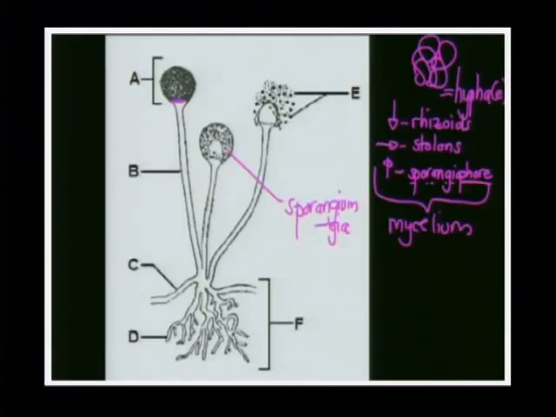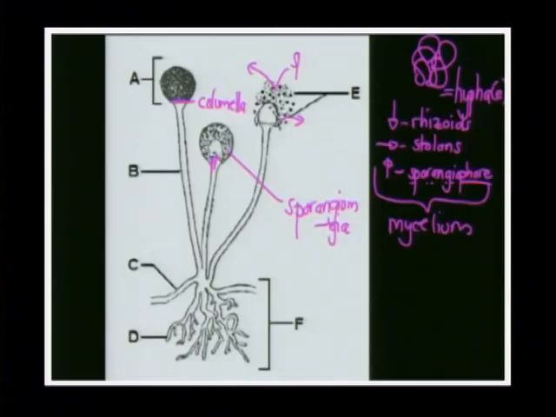And what will happen, the wall here, you can see it, it's called the columella, will start, as you see here, to move up and further up into the sporangium. This will create the most incredible pressure buildup on the inside of the sporangium, so that sporangium will burst open, and as it bursts open, so these tiny little structures, which are the spores, will be flung out.